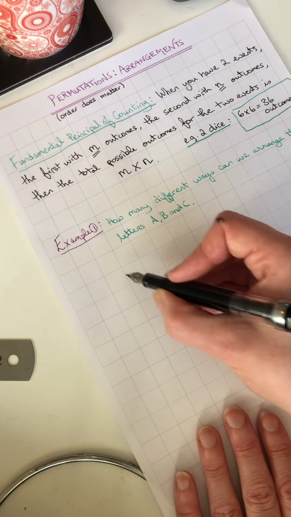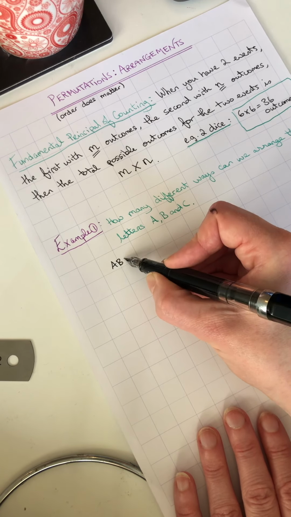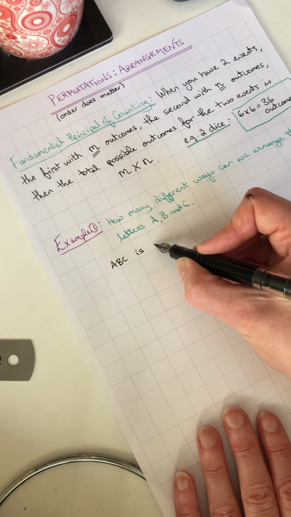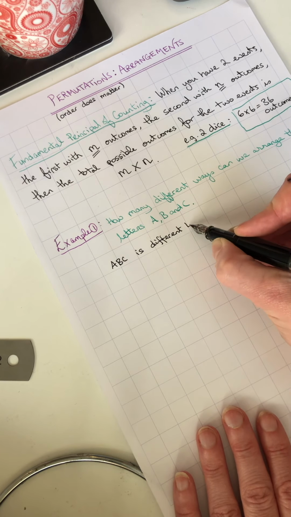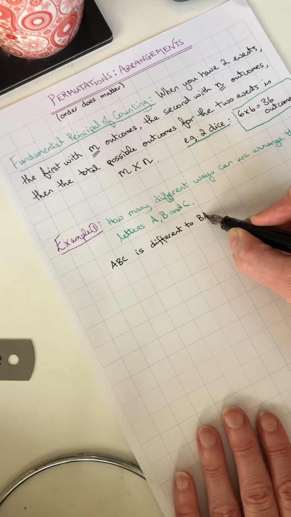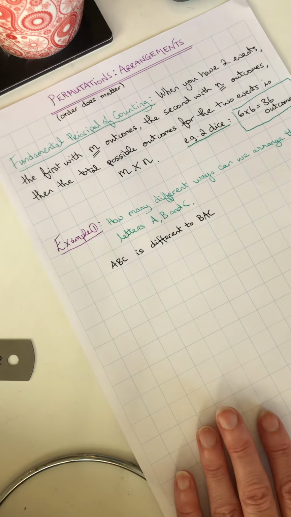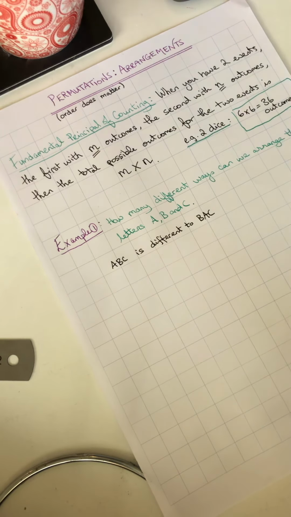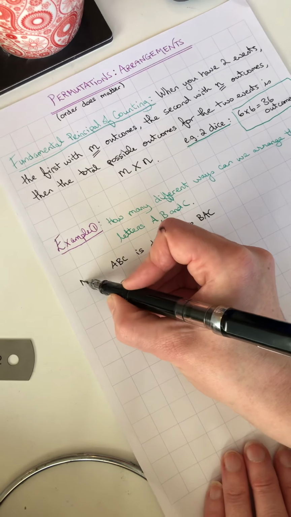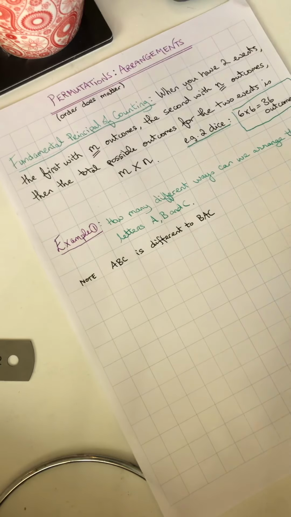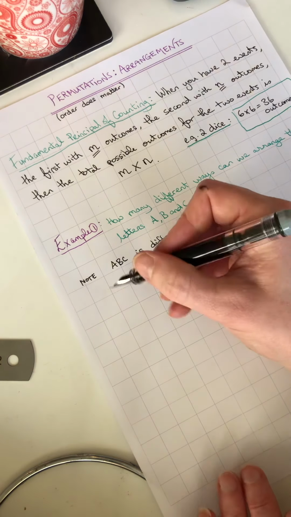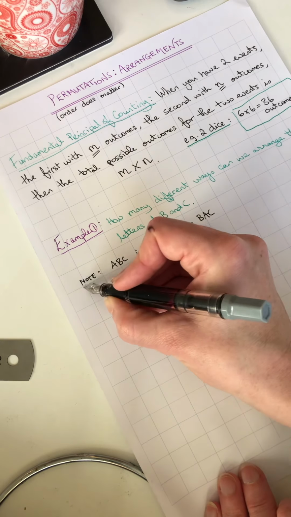So for example, ABC is a different permutation to BAC. Even though they have the same letters, they're arranged differently. So that's what we want to do when we're doing our permutations.